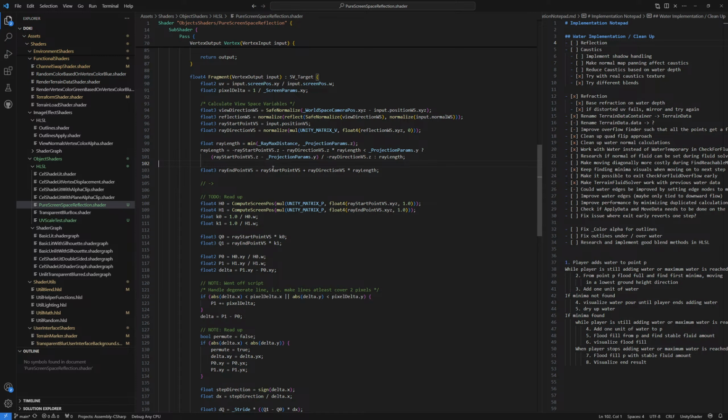Basically we want to clip the ray length here so we don't go behind this one. Shouldn't it just be... Yeah.